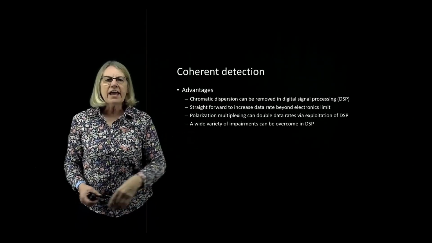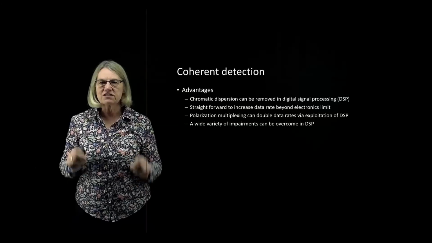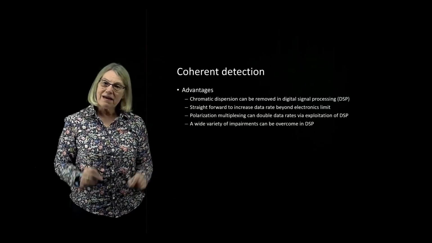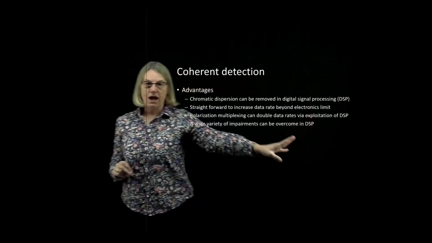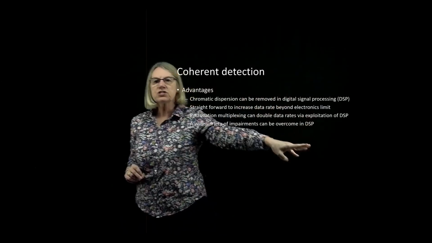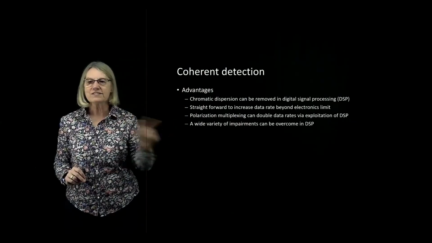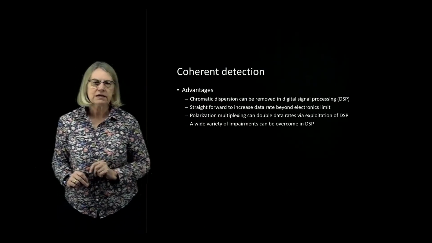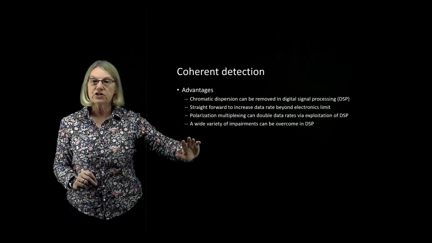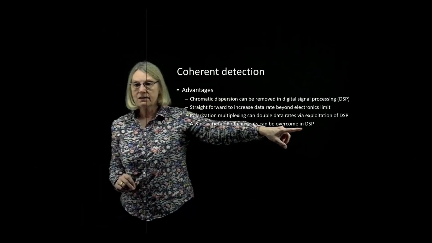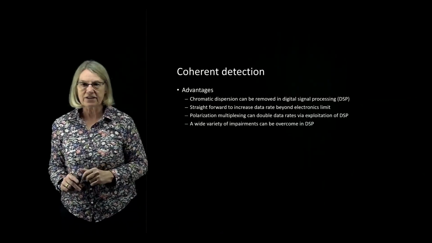In general, there's a wide variety of impairments that come up in any optical communication system. And now that I've made the move to coherent detection, I have a Swiss Army knife of many, many different digital signal processing solutions that I can throw at all those different kinds of impairments that I'm going to run across. So the advantages of coherent detection are very much centered on signal processing, that the digital signal processing has been a major enabler of coherent detection.